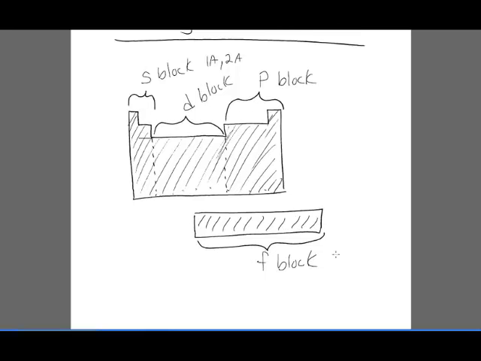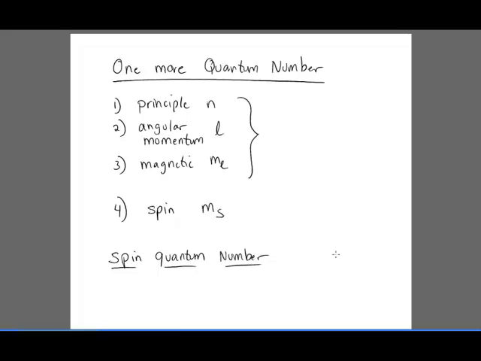And finally, in this video, I'm going to talk about one more quantum number. Okay, we've talked about 3. We've talked about the principal quantum number, n. We've talked about the angular momentum quantum number, l. We've talked about the magnetic quantum number, m sub l. And these 3 together define an orbital.